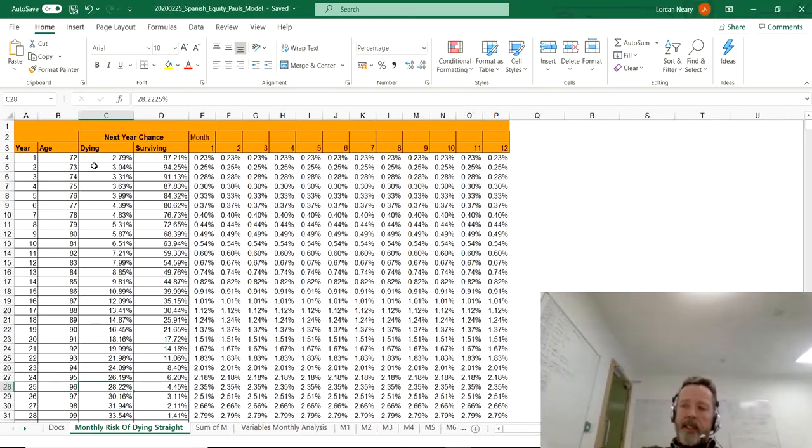They do take account of health implicitly, but we will probably be targeting, as I said, an unhealthier cohort of 72-year-olds, 73-year-olds, 74-year-olds, and so on. So the chances of dying will be higher.